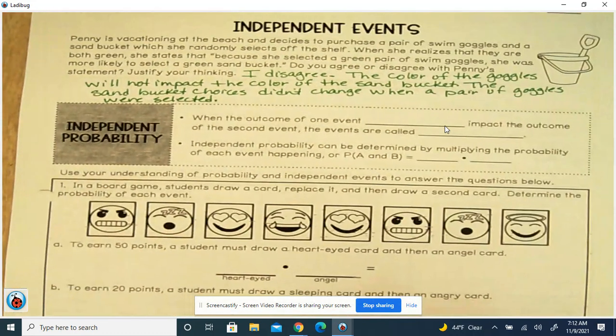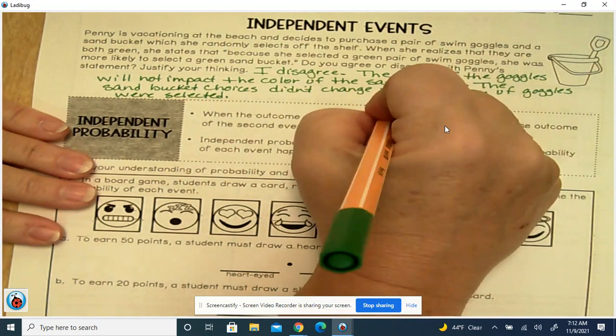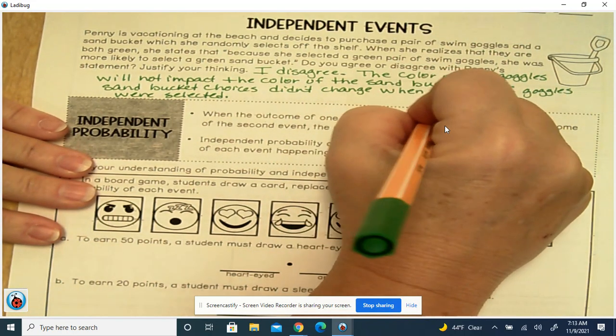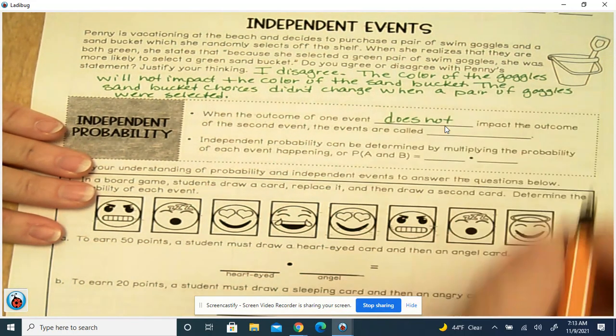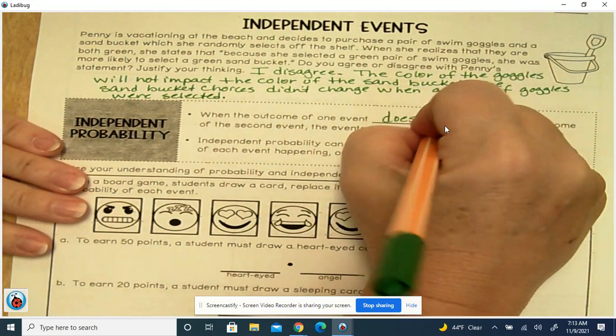So an independent probability is when the outcome of one event does not impact the outcome of the second event, then the events are called independent.